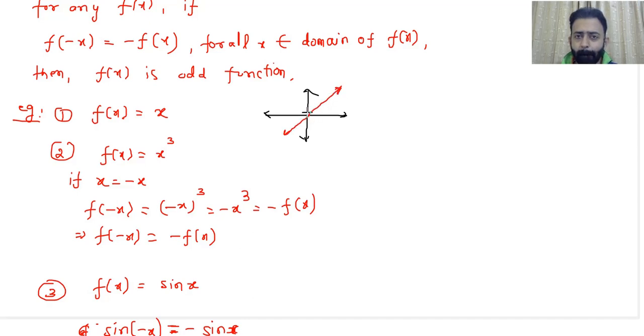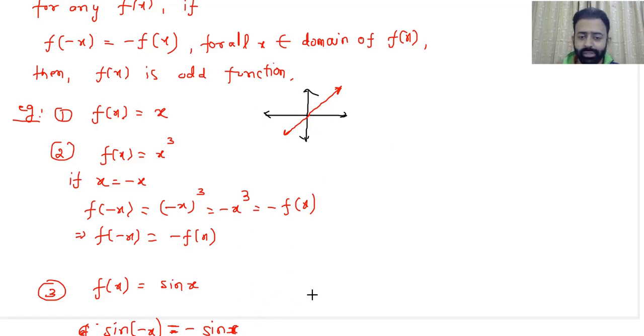Now you have to look through the graphs of this, and I will suggest that you pause this video and try to draw the graphs of f(x) equal to x, x cube and sine x, and analyze whether there is any symmetry about the graphs, or the graph is a reflection about certain points, certain lines, certain axes. This you need to analyze. So pause this video and just do this, and I'm continuing with this.